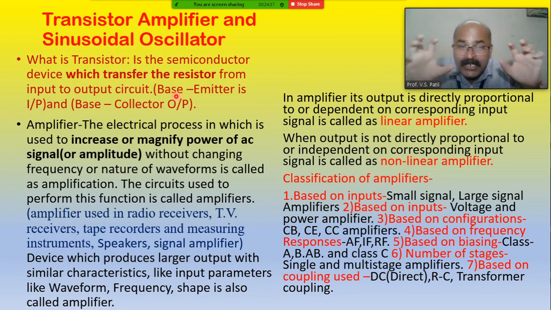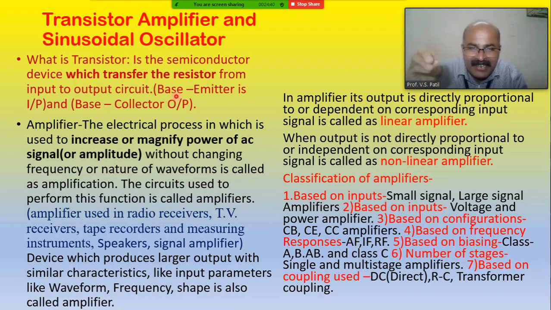Between these two junctions, the transistor can transfer the resistance from input circuit to output circuit. कुठून कुठपर्यंत? From input circuit to output circuit means from the first junction to the second junction, from the emitter base junction to the base collector junction.